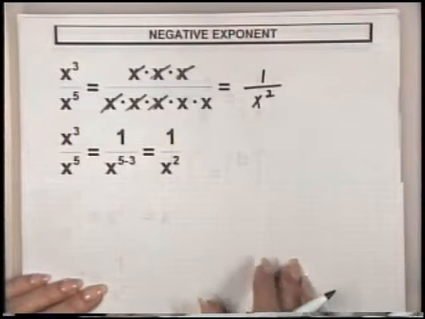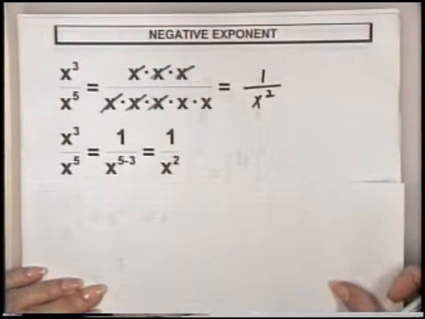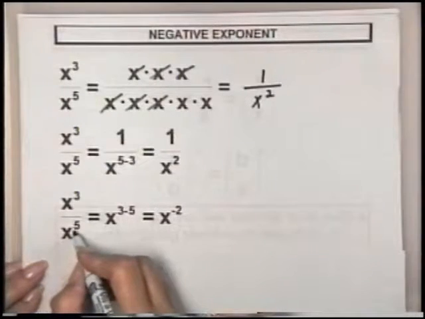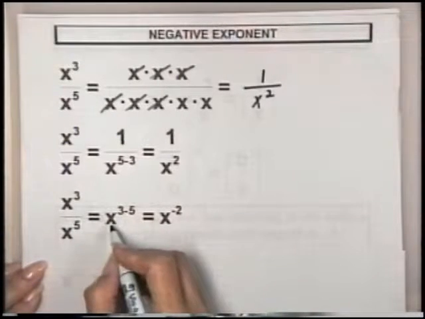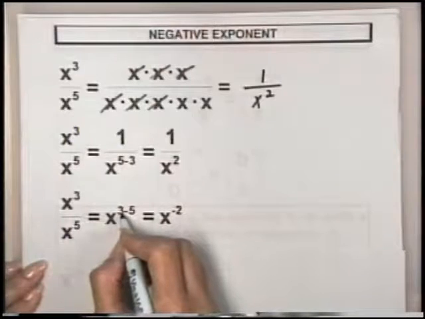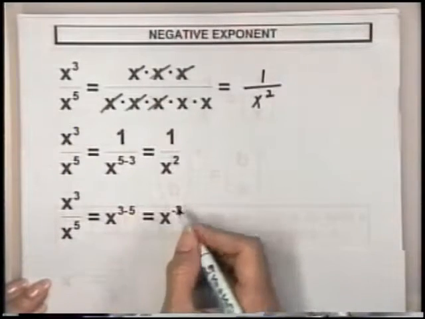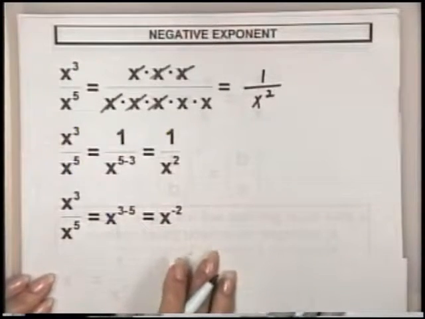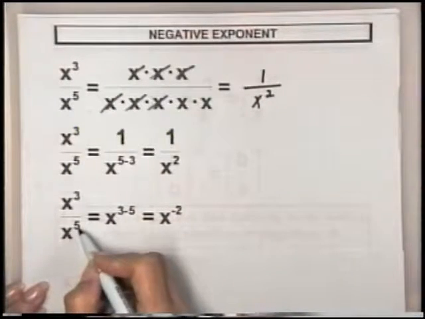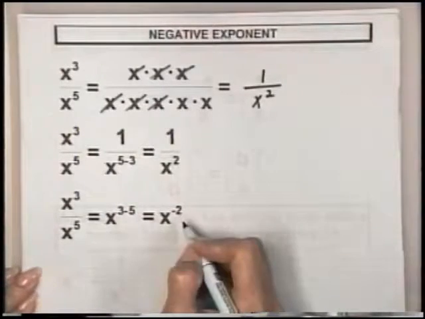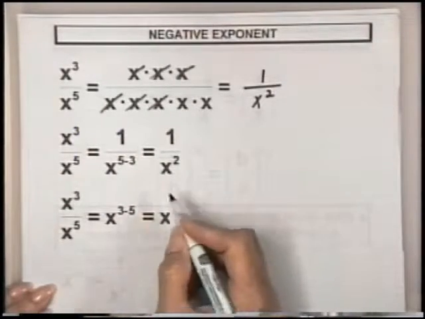Now let's use the other division law for dividing like bases. X cubed divided by x to the 5th is equal to x raised to the 3 subtract 5 power. Well, 3 subtract 5 is negative 2. So we know that x cubed divided by x to the 5th is equal to x to the negative 2nd power.